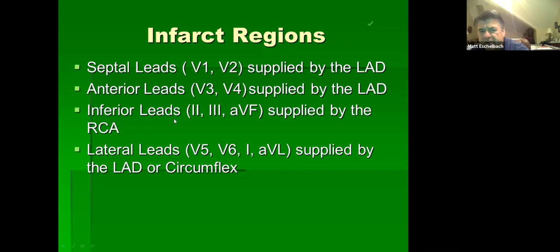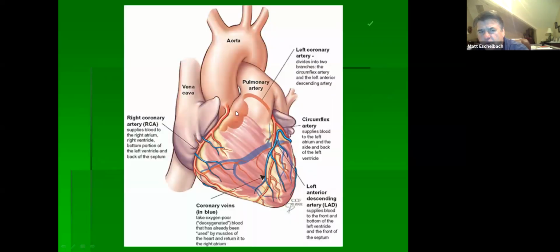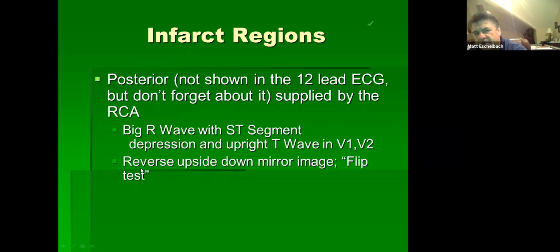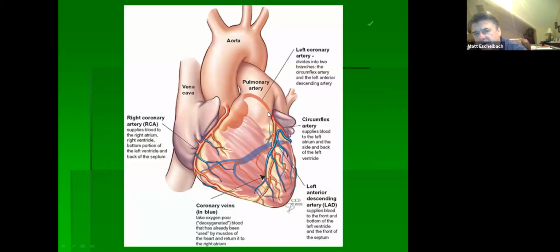Inferior leads, 2, 3, and AVF, are supplied by the right coronary artery. Here's our right coronary artery. And lateral leads, V5, V6, 1 and AVL, are supplied by the left anterior or circumflex. And there's our circumflex and left coronary artery.